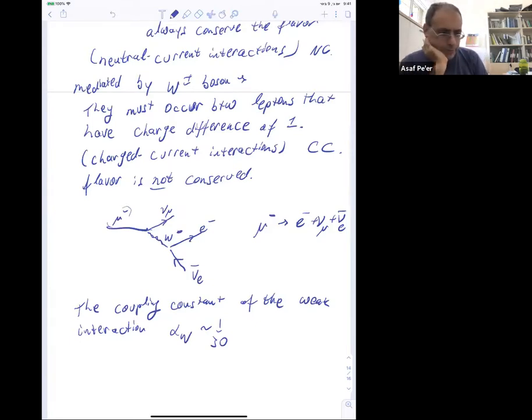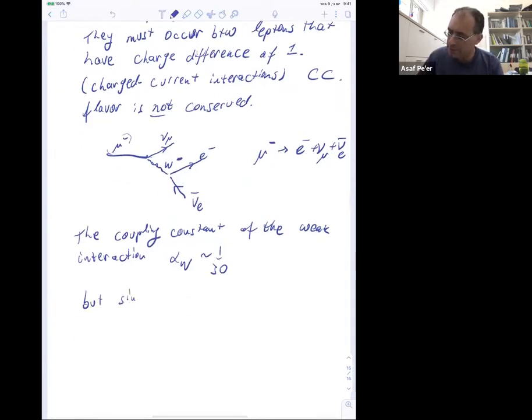So at relatively low energies, the energies that we are looking at in the lab, it's much more difficult to produce them, so this really translates into a much lower probability. So effectively, the coupling constant is something like 4 to 5 orders of magnitude lower than that of the electromagnetic interaction, justifying the name of weak interaction.